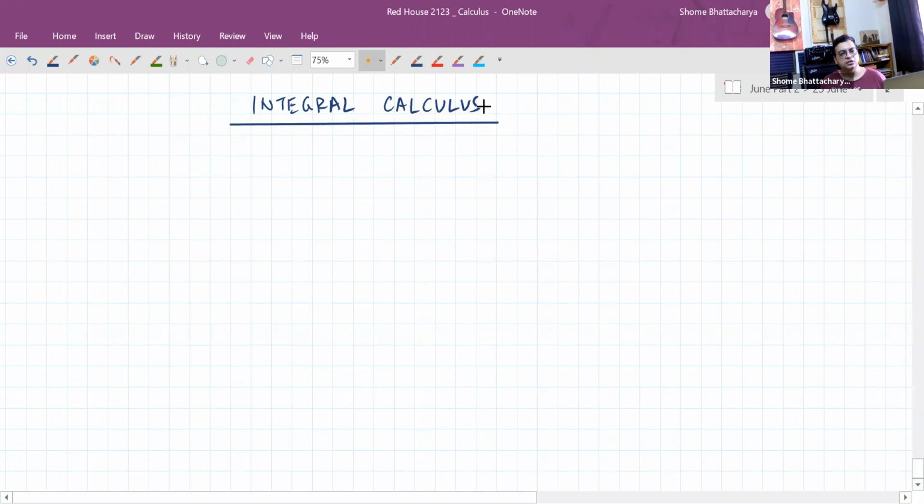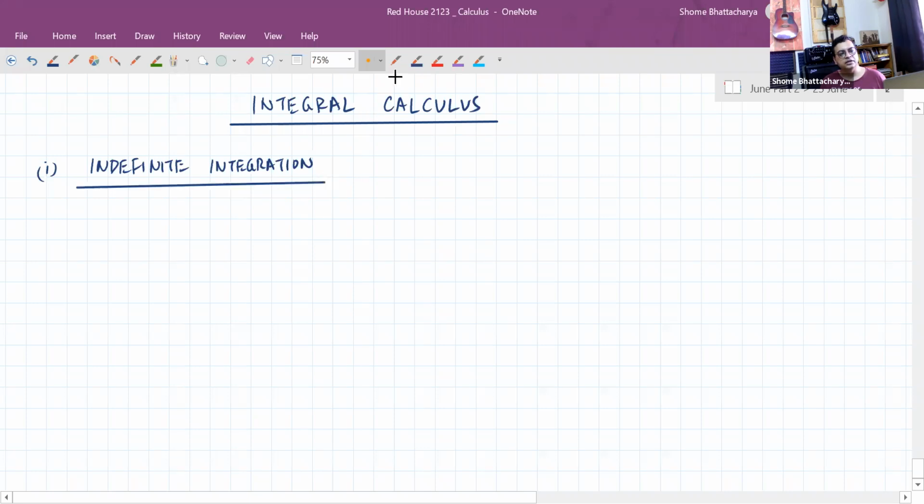In integral calculus, there are two types of operations. The first type of operation is called indefinite integration, and the second is called definite integration. Let's understand each of these operations.